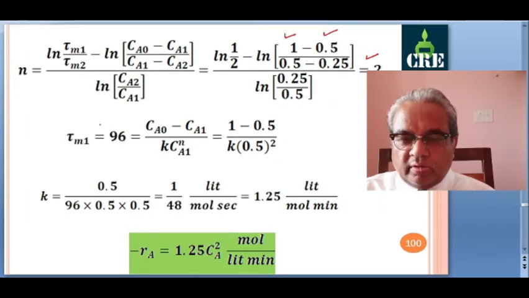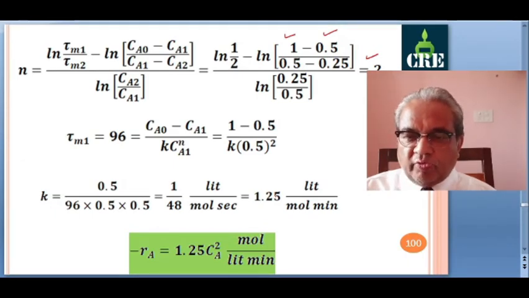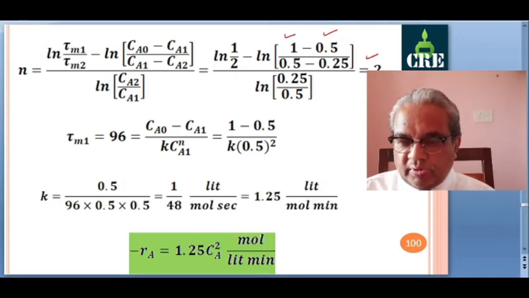Tau m1 is 96. So from the first reactor performance equation, Ca0 minus Ca1, 1 minus 0.5, divided by K Ca raised to n. Now n is known, 2, only unknown is K. So K can be found out after substituting these values, in liter per mole per second, 1 by 48, because this is 96 seconds, and I can express it in liters per mole per minute as 1.25, converting per second to per minute.